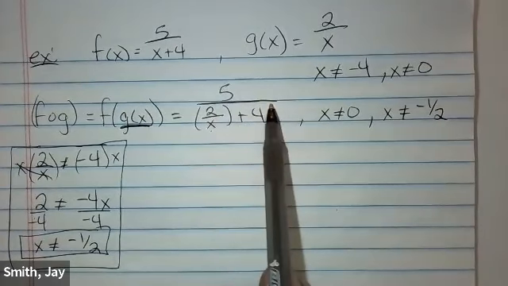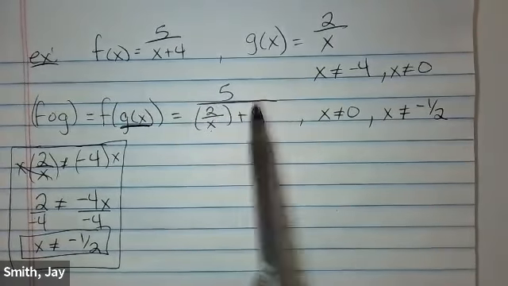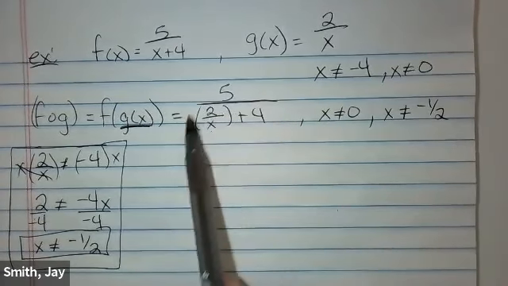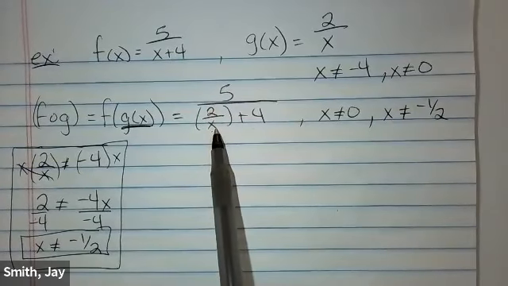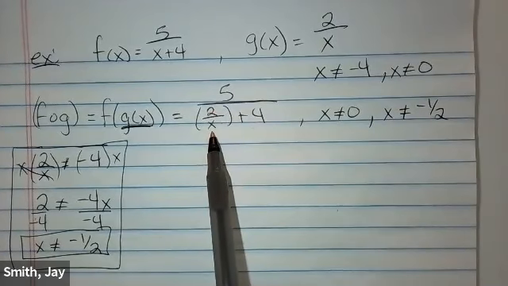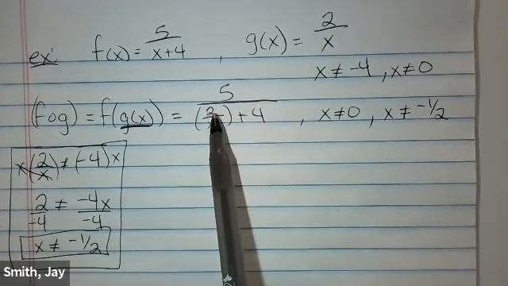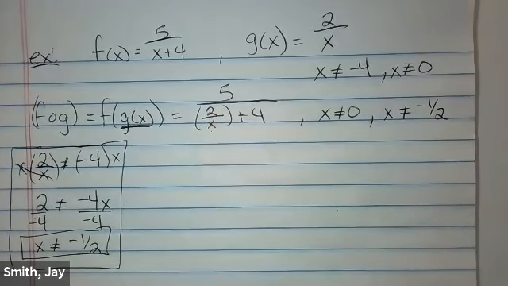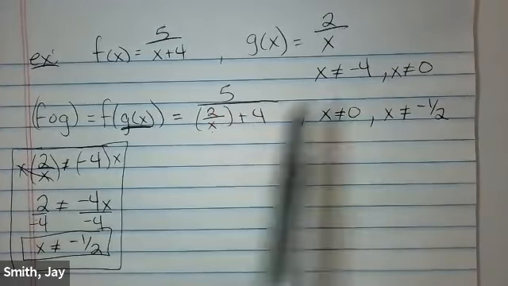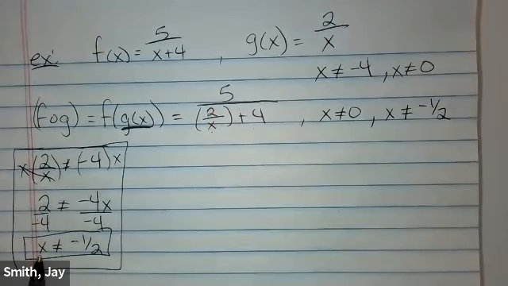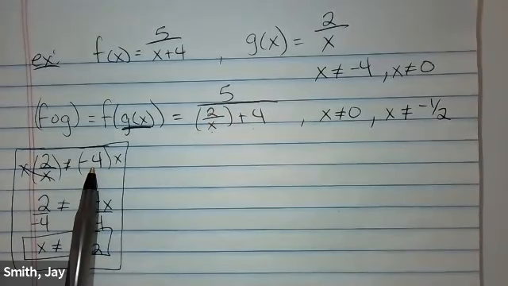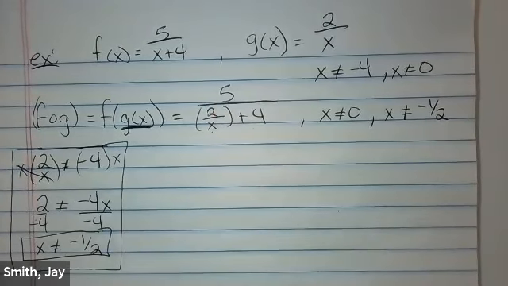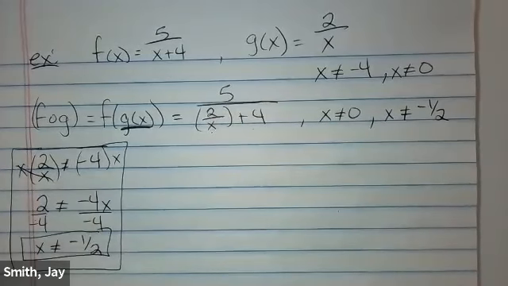So we need to figure out what will make this denominator equal to 0. Just like before, if the first part, or what was typically x in f of x, is equal to -4, we end up with 0 on the bottom of our fraction. But because it's a composition of functions, we know that whatever makes 2 over x equal to -4 is going to make the denominator equal to 0. So we need to figure out that x value to make that true. To do that, we take that 2 over x, set it equal to -4, the value that we know we cannot have, and then solve. All right, so that's where that -4 came from. Any other questions?